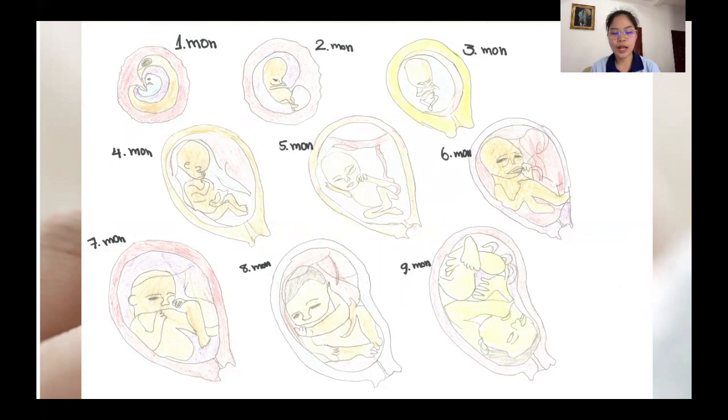The placenta also develops. The placenta is a round, flat organ that transfers nutrition from the mother to the baby, and it also helps transfer waste out from the baby.